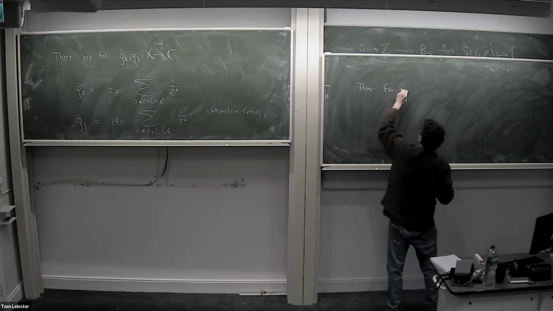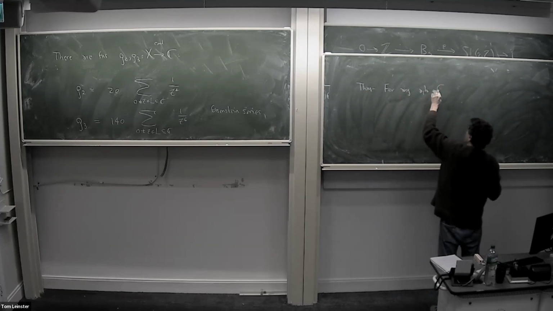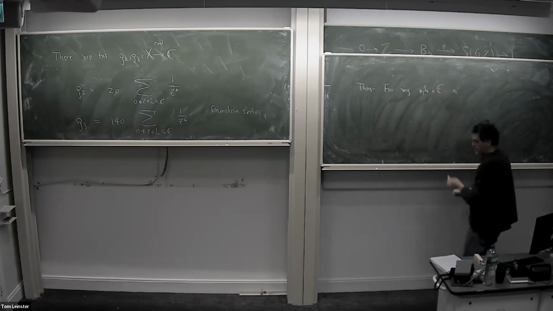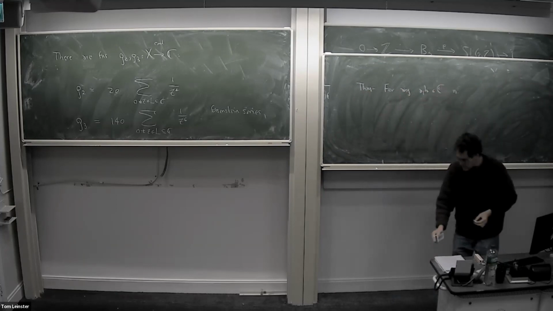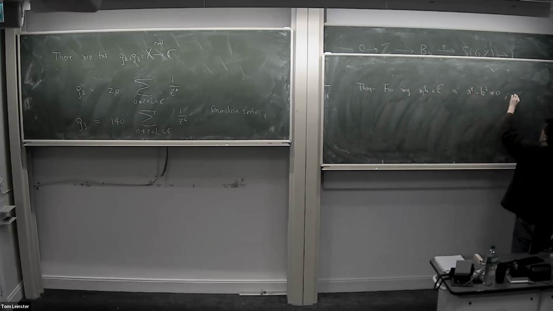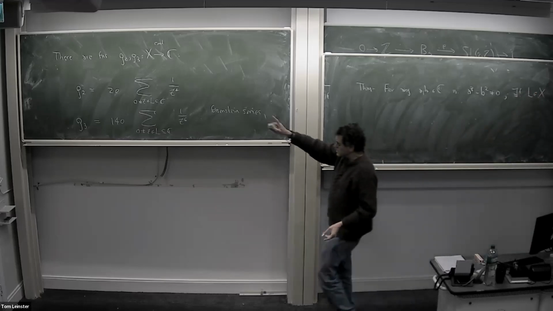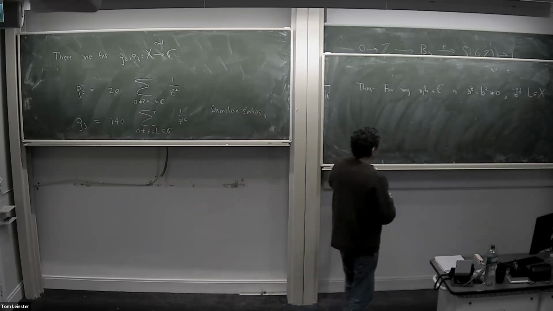If you give me two complex numbers, and if they obey some little restriction, a cubed minus b squared is not equal to 0, there exists a unique lattice where these functions take those values.